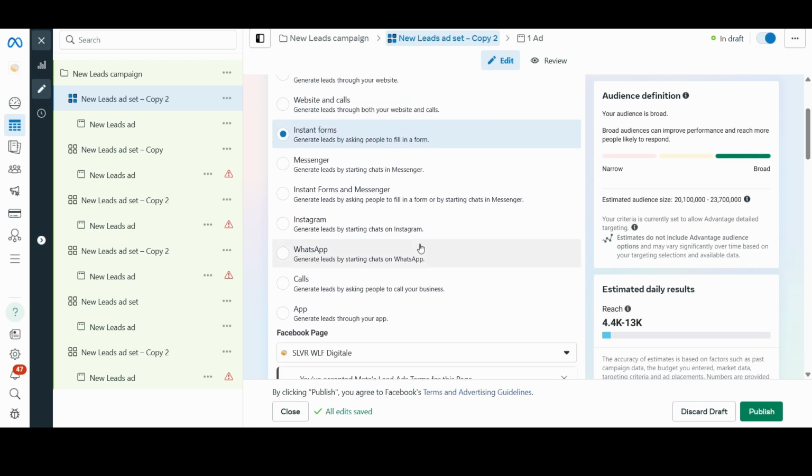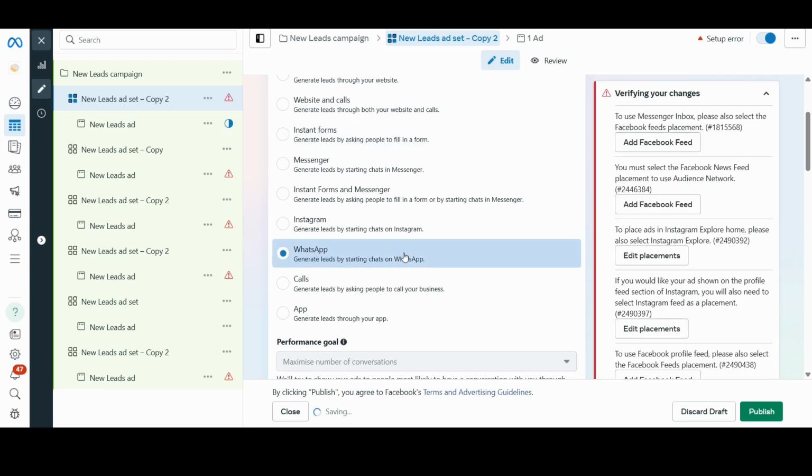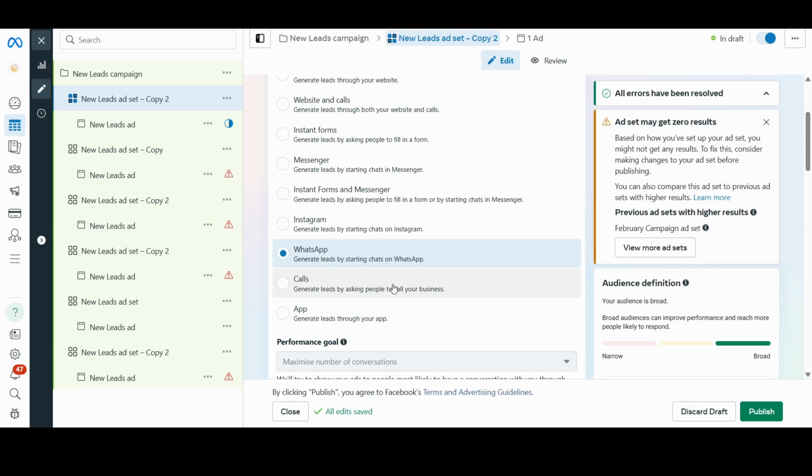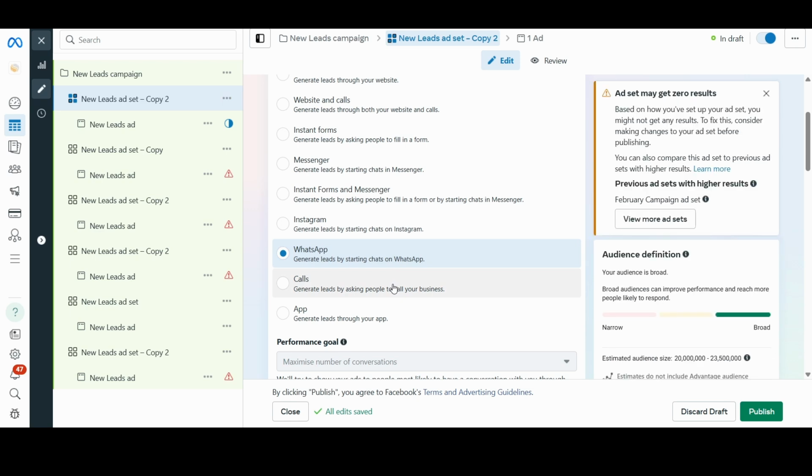But WhatsApp, it's somewhere that a lot of people own WhatsApp and they like starting conversations on WhatsApp. So yeah, a lot of businesses use WhatsApp as a conversion point. Others optimize for calls. People just want to get on a call and talk to you directly, have a feel of your voice. Again, you have to decide what works for your business, and you wouldn't know until you test.